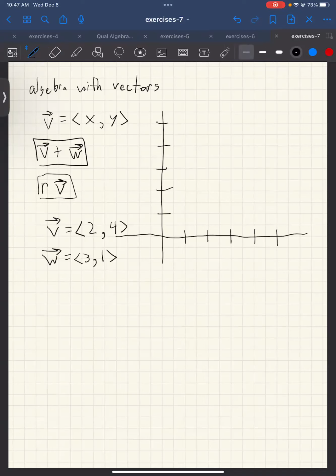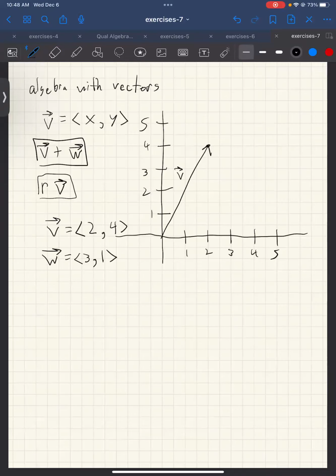So I can draw v. This is 1, 2, 3, 4, 5. 1, 2, 3, 4, 5. So our vector v goes to the right 2 and up 4. So we end right there. And this is our vector v.